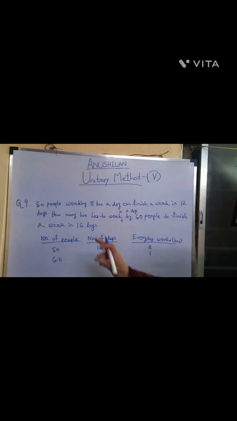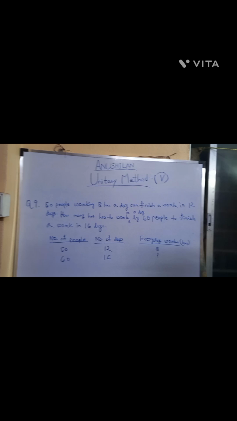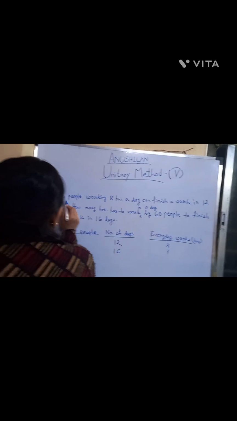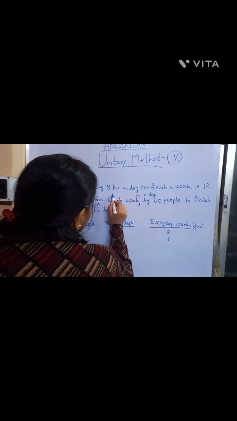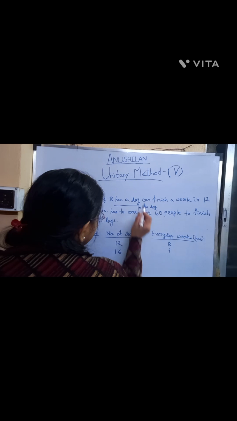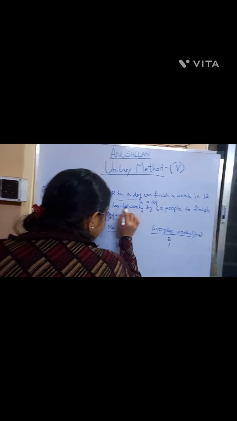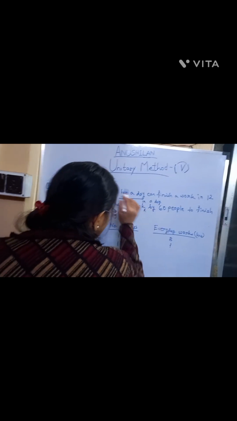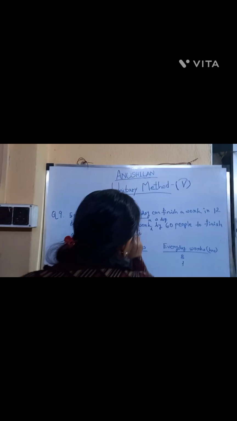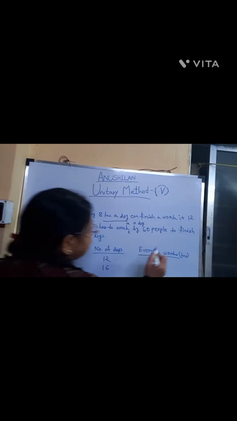Now, at first you have to take the number of parameters. People, hours a day, that means every day they can work how many hours, and days. These three are the parameters.